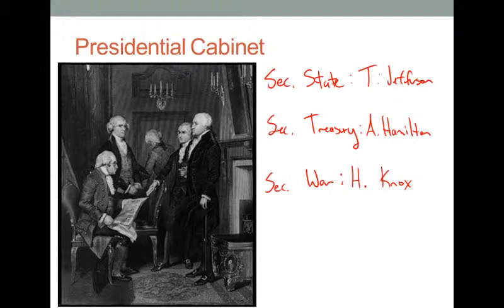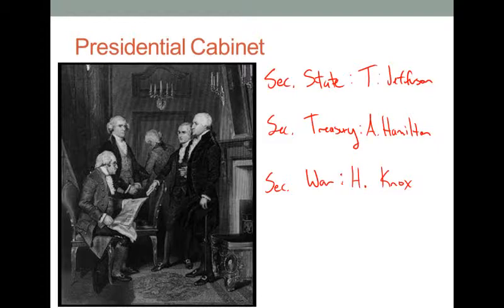Okay, so here's the question I want to ask right now. The president decided to make a cabinet. Now, remember when we made this new government, weren't we concerned that the president would have too much power, that he'd be able to do whatever he wanted?